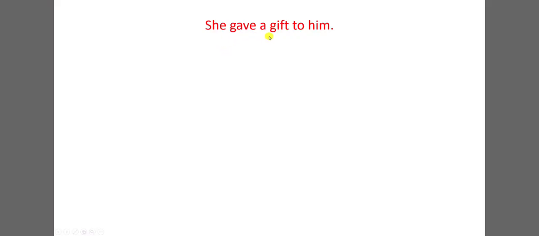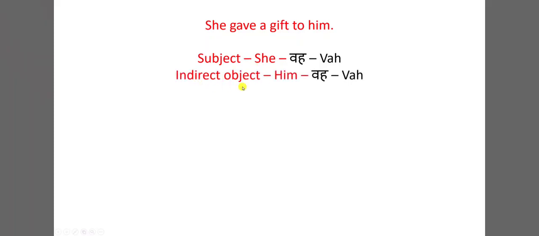She gave a gift to him. Now, in this sentence, the subject is she. Indirect object is him. And direct object is gift.